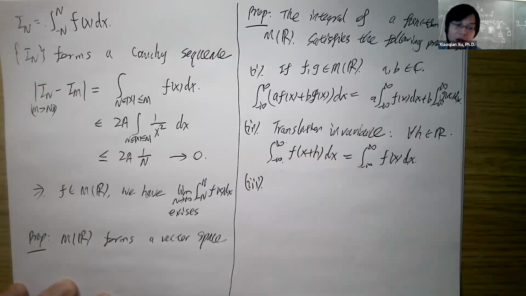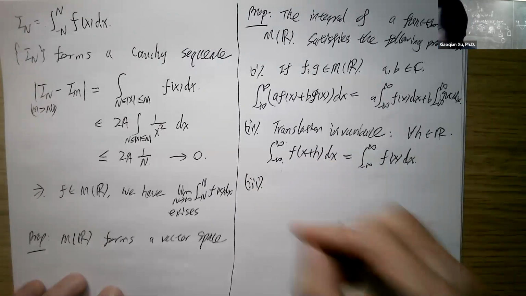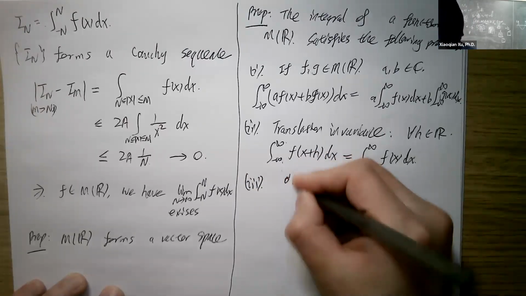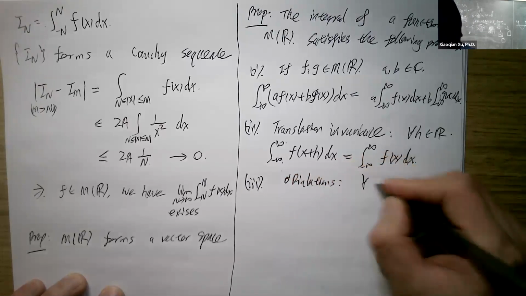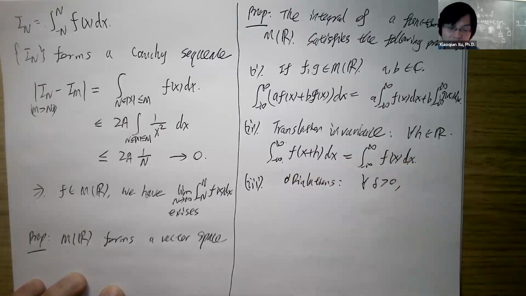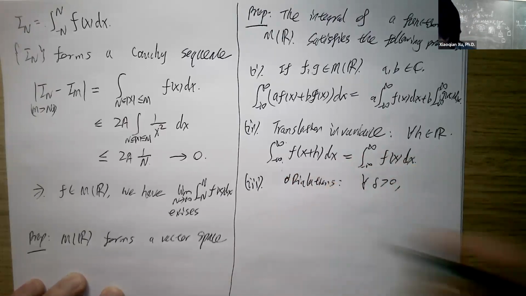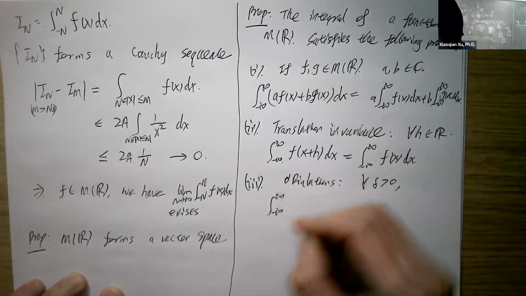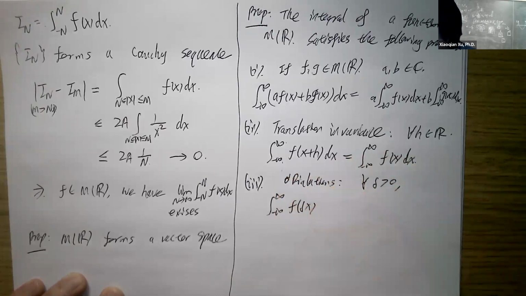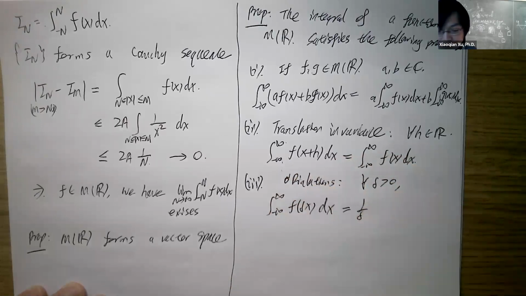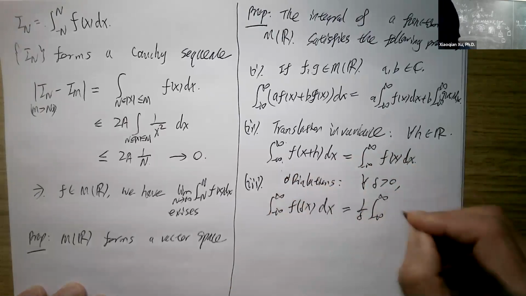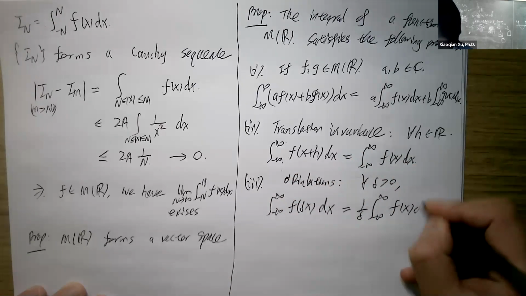But now, if you try to do some dilation of your function, for any delta greater than 0, where delta is just some coefficient or parameter, and you dilate your x by multiplying by this constant, then the integral of f(delta x) dx equals 1 over delta times the integral of f(x) dx.